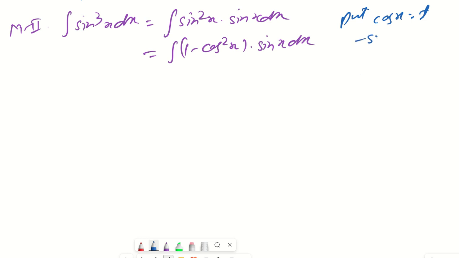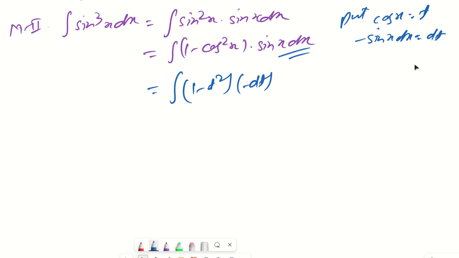Then it will become minus sin x dx is equal to dt. So from there what we can get now, integration of 1 minus t square, because cos x is t, so cos square x is t square, into sin x dx, it can be put as minus dt, because minus is there, right?